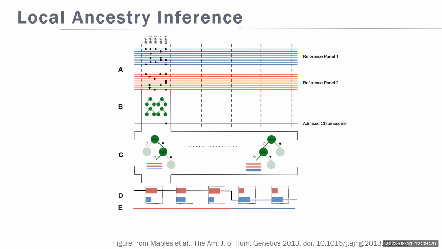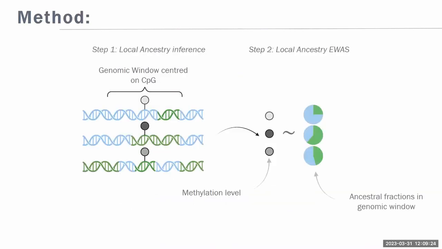Once you've done that, you look at a specific methylation site. You take a window around the methylation site, and you run an EWAS, instead of on genotypes, on the fraction of ancestral population in that window. Obviously, as the window size changes, that changes. If you look at a very small window, this is essentially like an ancestral genotype.